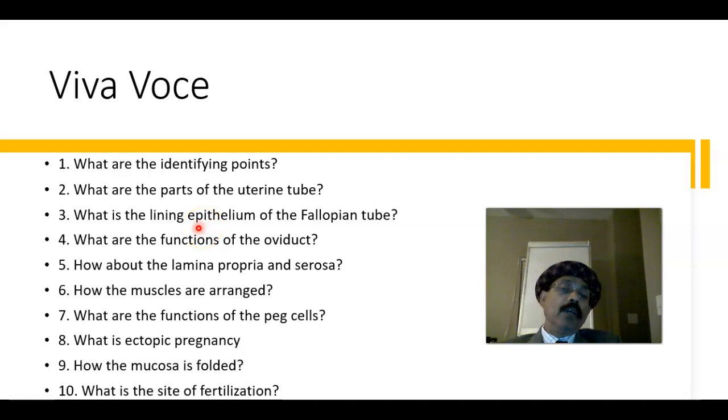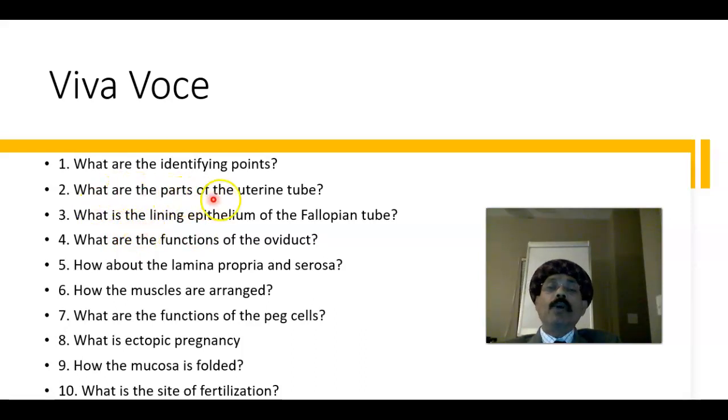Also, the passage of the ovum from the ovary to the fallopian tube is controlled by the smooth muscle in the wall of the fallopian tube. It is found that in immotile cilia syndrome, despite the loss of cilia, fertilization is possible.